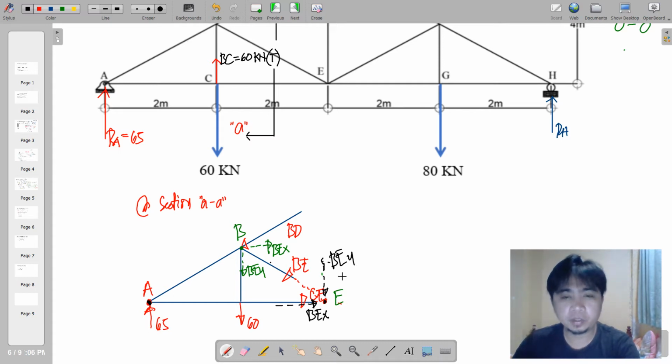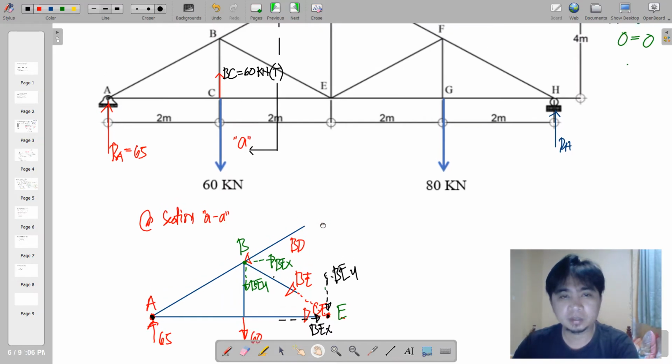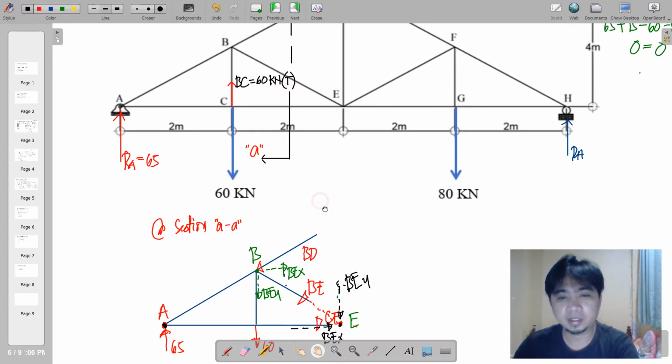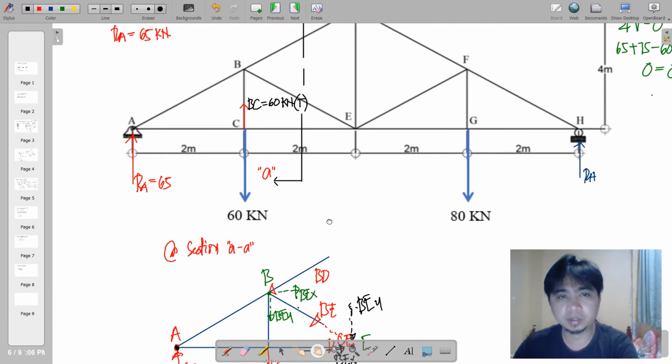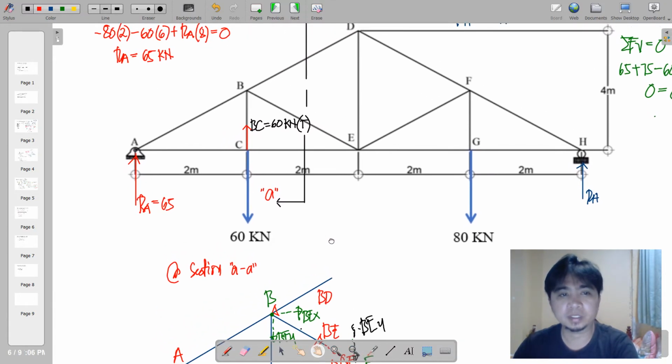If we're going to resolve that, of course, we need to determine the slope of your BE, because the components will be dependent on the slope. You can express the components by looking at the slope in order to come up with the forces.